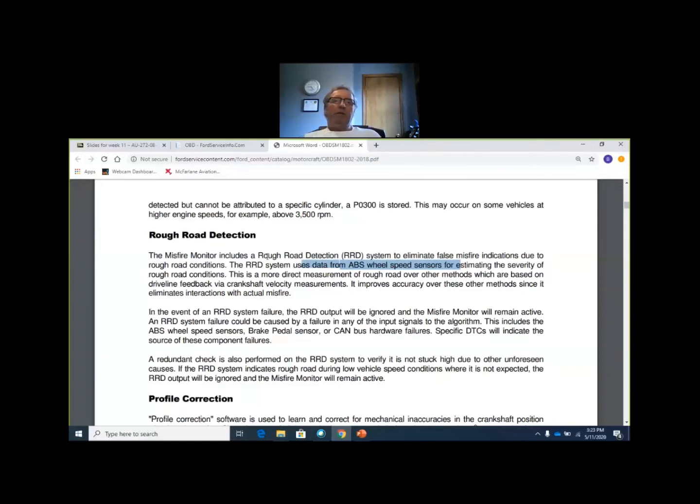So it's to eliminate false misfire indications due to rough road conditions. If the rough road condition system fails, let's say you got a bad wheel speed sensor or whatever, then that'll be ignored, and the misfire monitor will just work without any rough road detection. So that's pretty interesting, I thought.